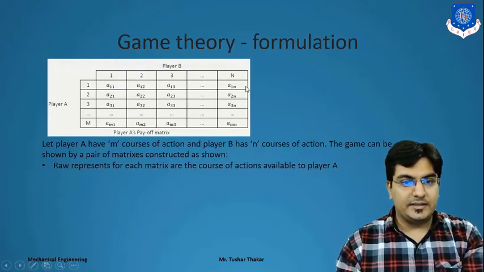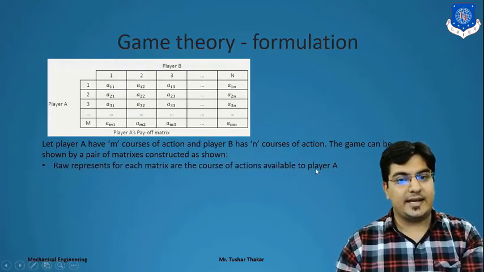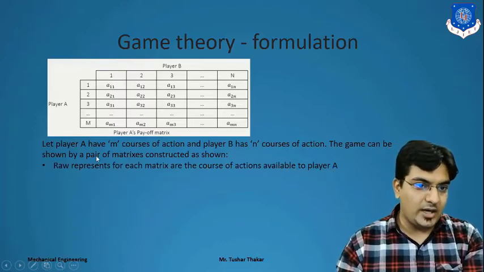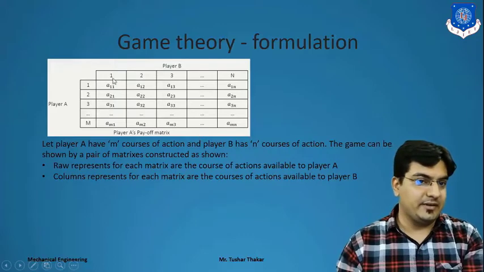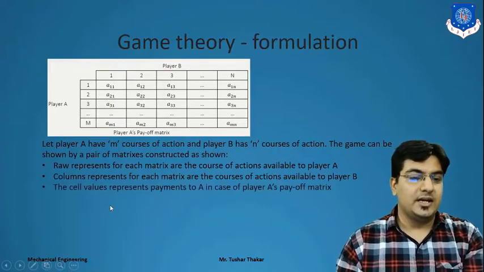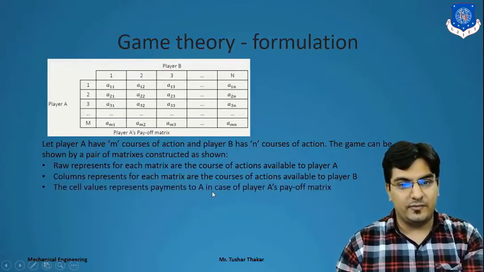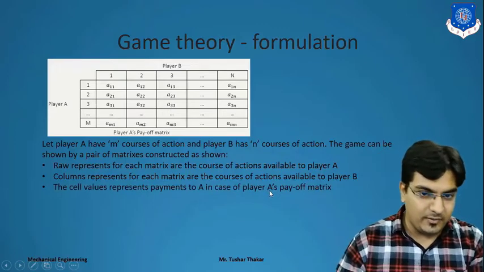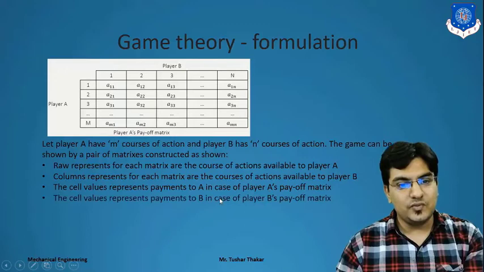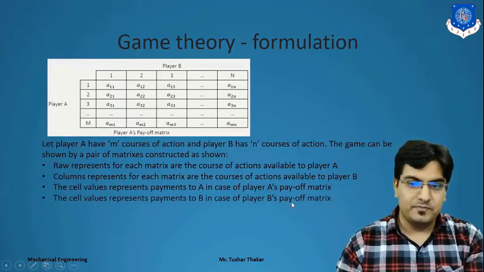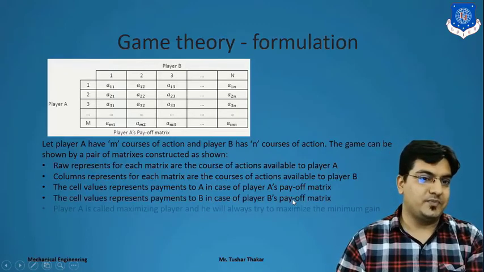Rows represent the actions available for player A, and columns represent the courses of action available to player B. The cell value represents the payoff of A in the case of A's payoff matrix, and of B in the case of B's payoff matrix.